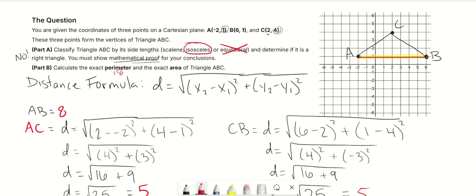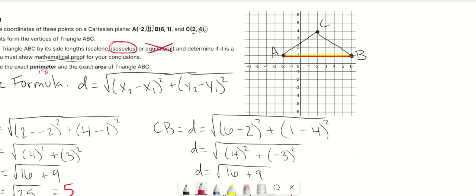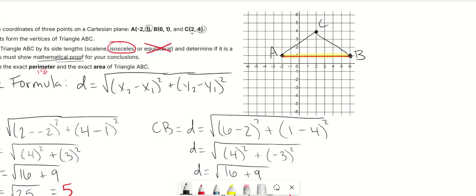Now we need to know the area. Area of a triangle is 1/2 base times height. Now the base is going to be side AB. That's kind of our flat horizontal side.